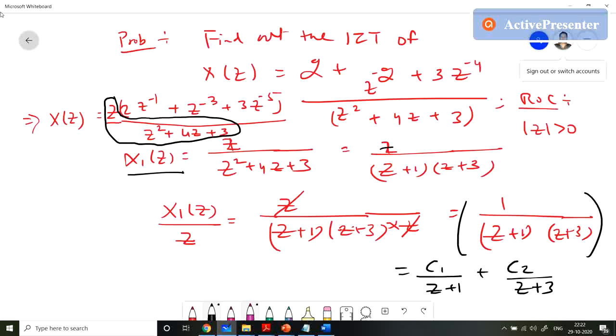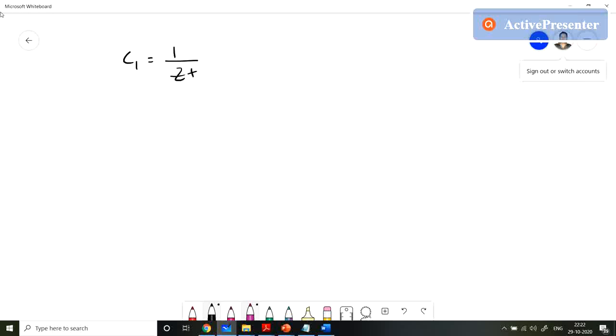So finally we can find out the values of C1 and C2. C1 is 1 divided by z plus 3 when z is equal to minus 1, so it is equal to 1 by 2. C2 is equal to 1 divided by z plus 1 at z equal to minus 3.